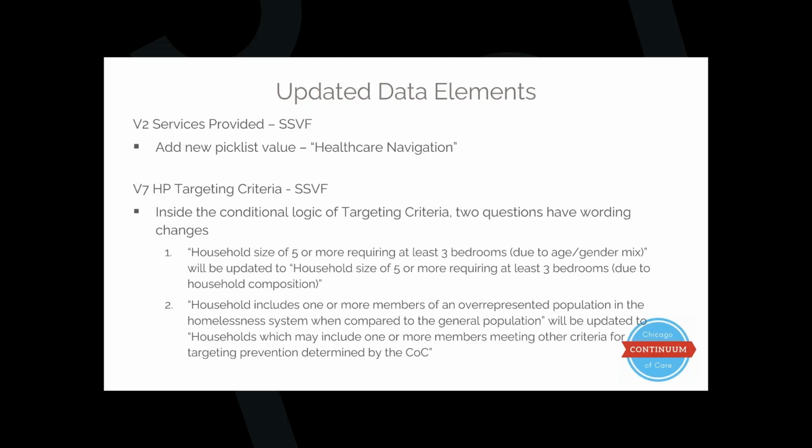That is going to be updated to households which may include one or more members meeting other criteria for targeting prevention determined by the CoC. These two questions are specifically for SSVF. One is just adding a new pick list value, and the targeting criteria is just wording changes.